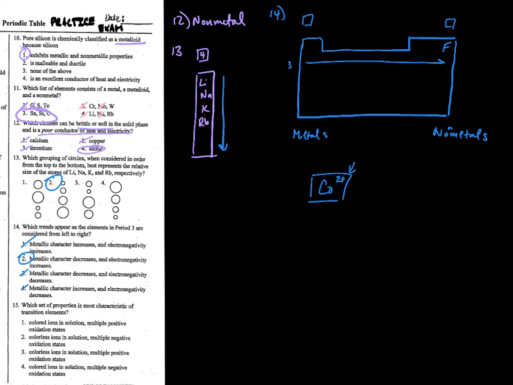So cobalt, one of its example charges is 2+. So it's definitely positive. It has multiple oxidation states that happen to be positive. So we're looking for colored. We cross off 2 and 3 because they say colorless. We're looking for colored, and it has multiple, positive oxidation states.